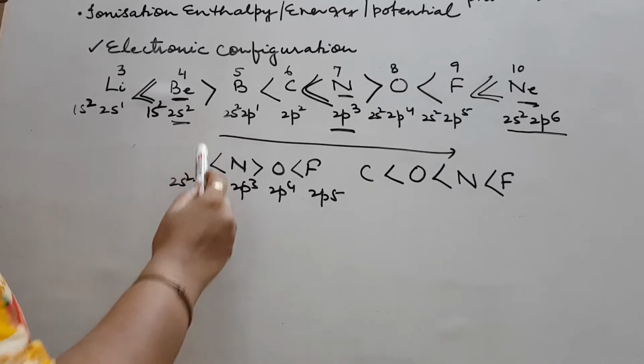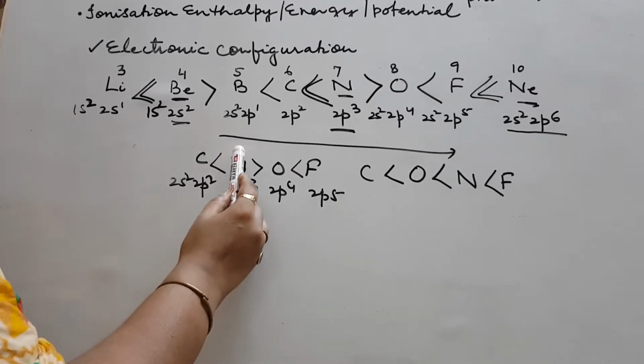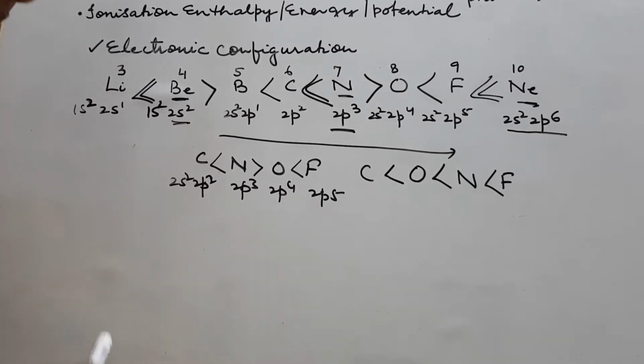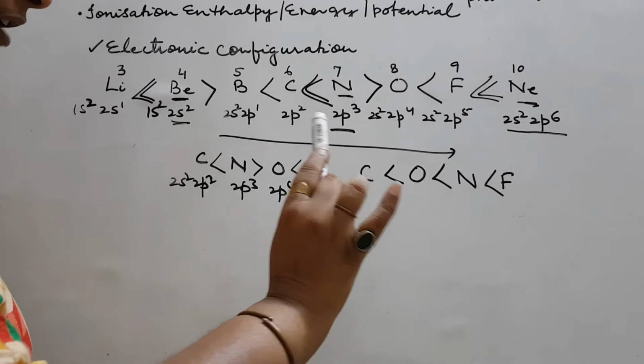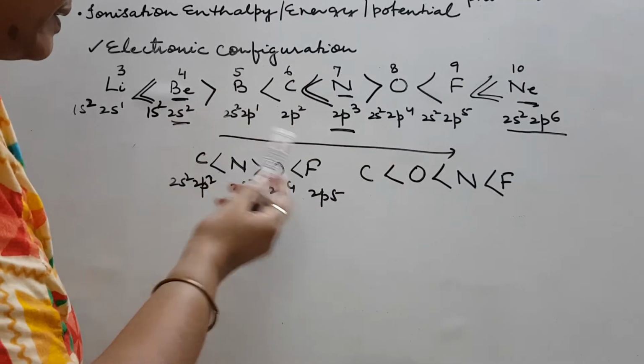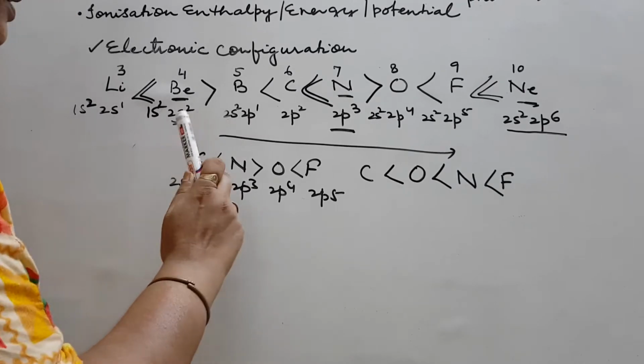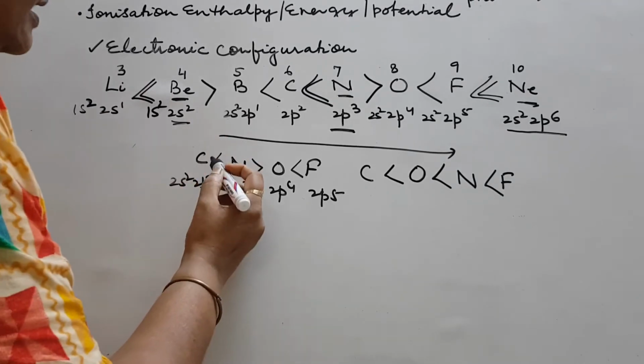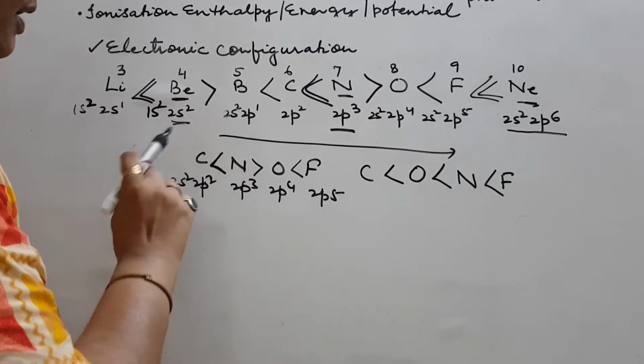So first you write their configurations: 2s2, 2p2, 2p3, 2p4, 2p5. Fine, we wrote. Size, we know, goes on decreasing. That factor is there. So with size getting smaller, it had to increase. The value had to be higher as compared to carbon.